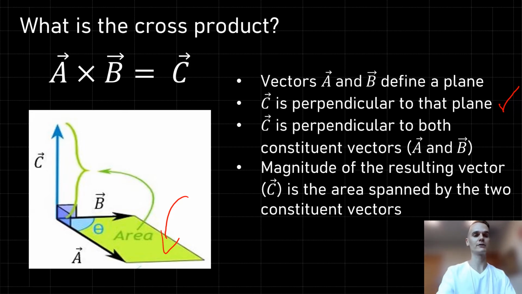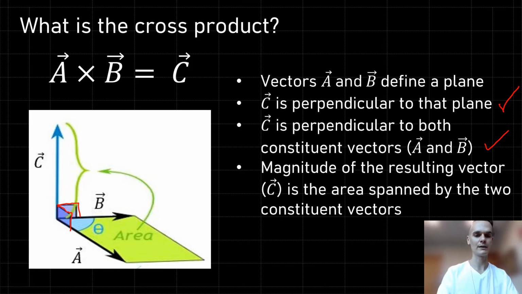So if vector C is perpendicular to the plane, vector C must be perpendicular to the vectors that live in that plane. So vector C is perpendicular to vector A, and vector C is perpendicular to vector B. So vector C is perpendicular to the constituents of the cross product.